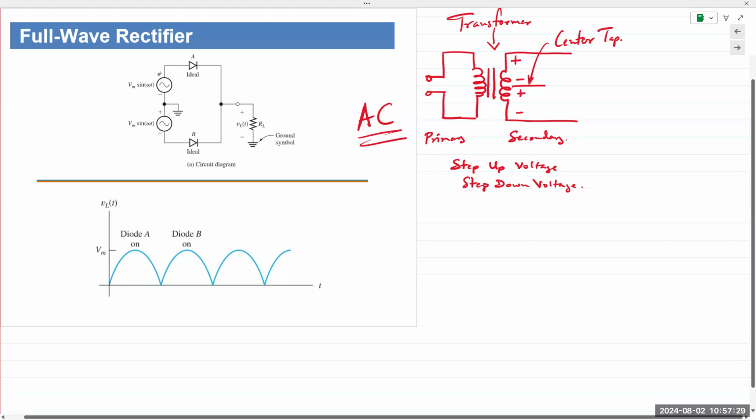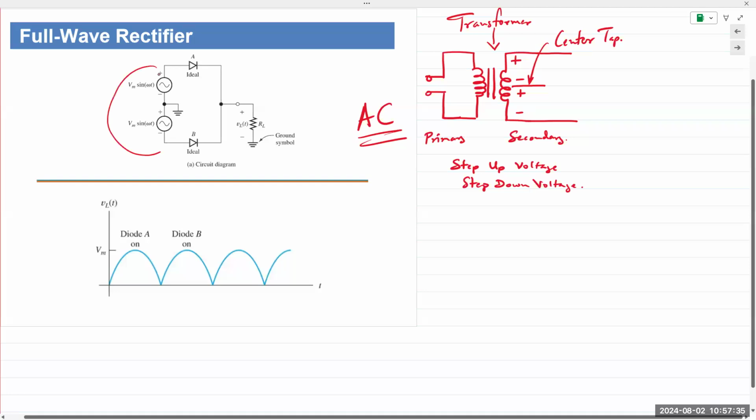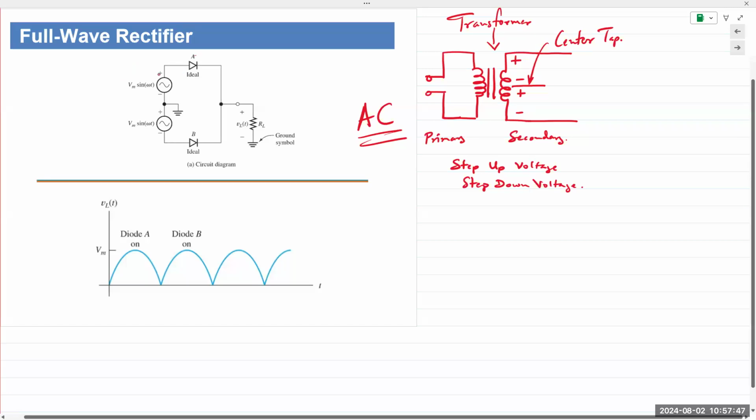That's due to the design of the transformer itself. Okay. And that's what is being displayed with these two sources. So in real life, those two sources are basically just one device. It's a center tap transformer, and you connect two diodes at both ends of that transformer.